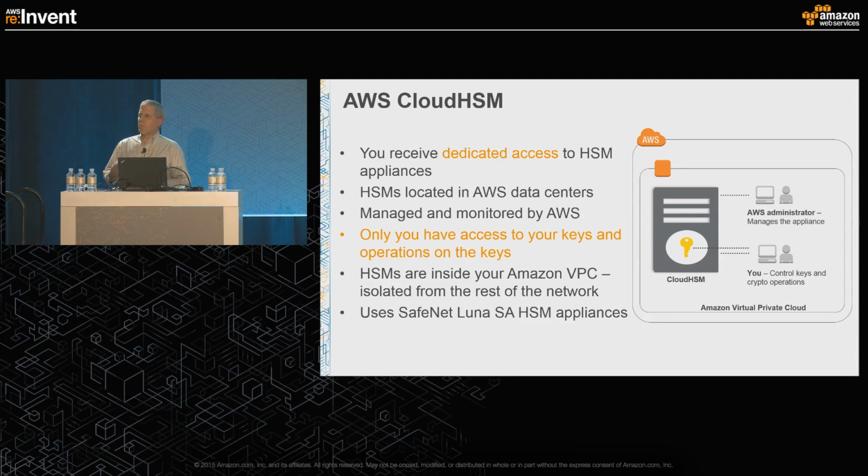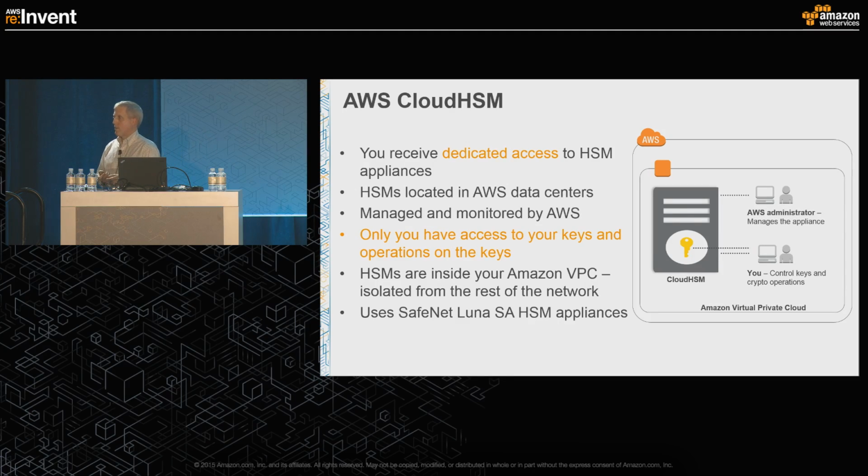And as a part of being the administrator of the device, you have to create partitions and generate keys on that device. The interfaces to this device are not via AWS APIs. It's a different client, right? Different interfaces. So it's as if you're connecting to your instance and trying to do something on your instance, right? All of that is up to you.